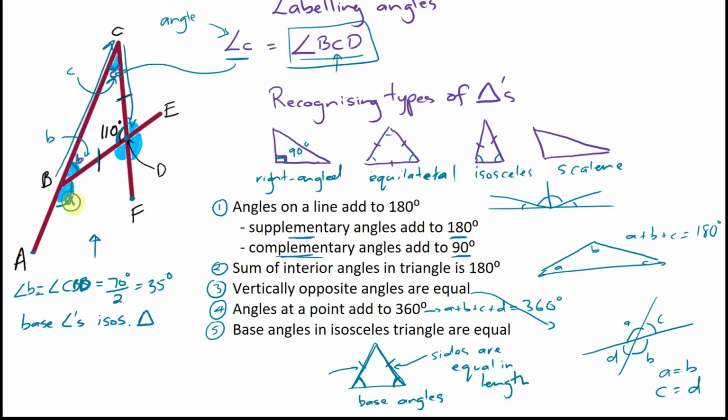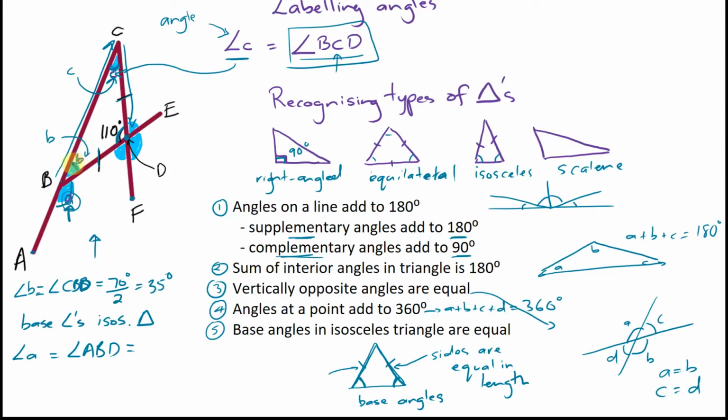Okay, we can now work out A, which is this angle here. So angle lowercase a, I can also label that angle as ABD. And that angle is on a straight line with B. So angles on a straight line add to 180 degrees.